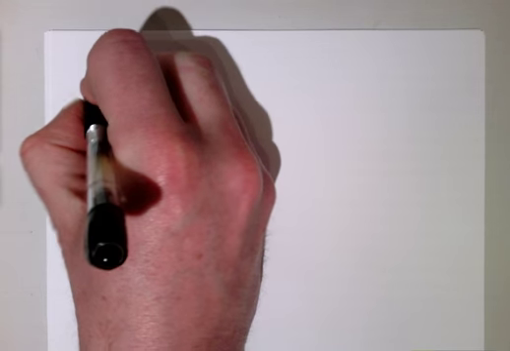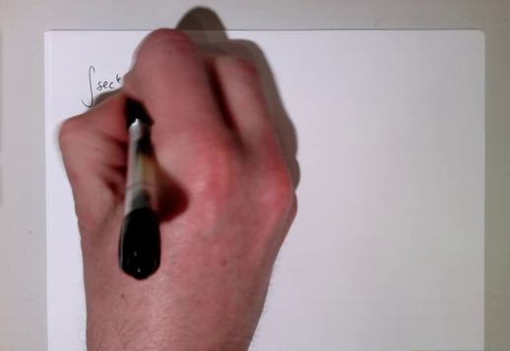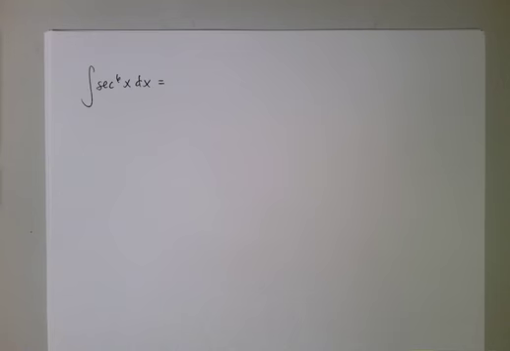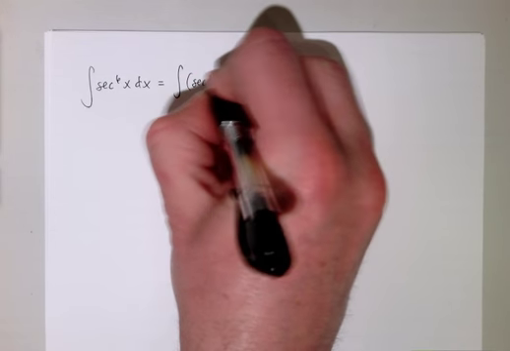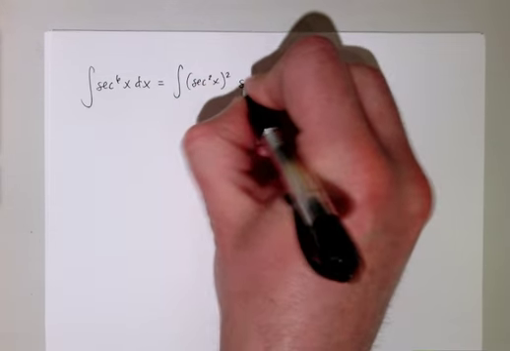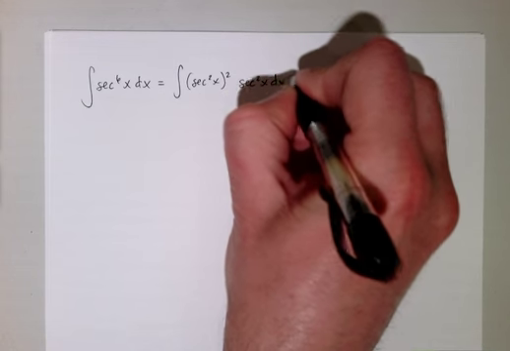And so we have secant to the 6th x dx. Well, this actually should be really, really straightforward. It certainly doesn't have the pitfalls that secant cubed had, right? It's even in terms of its degree. So we can actually split that up into secant squared squared times secant squared x dx.